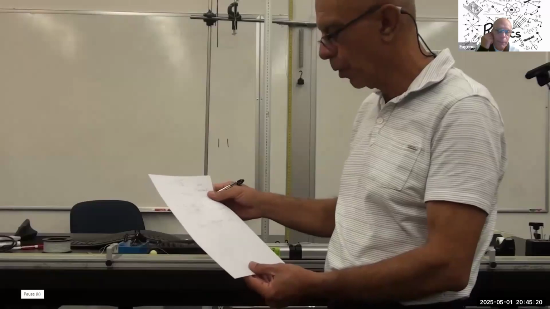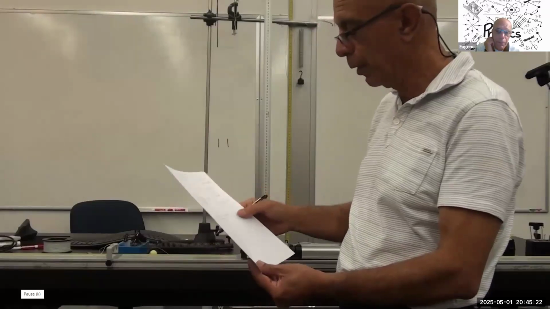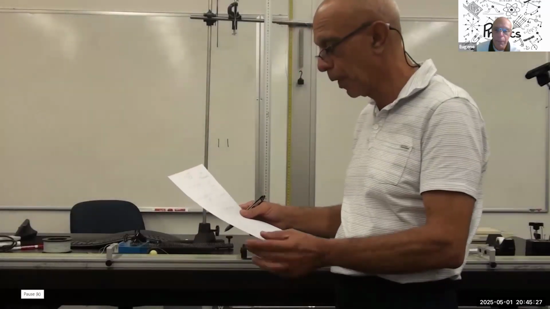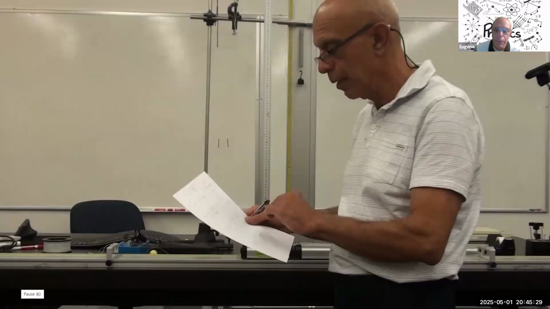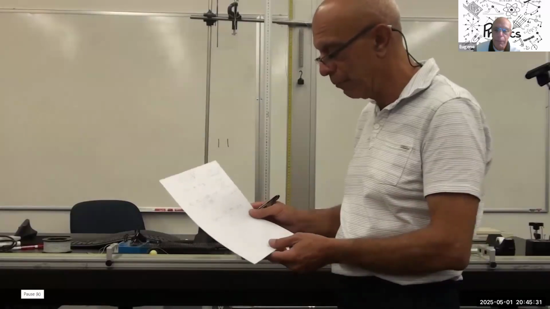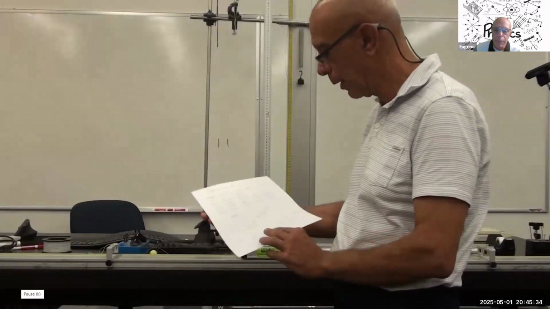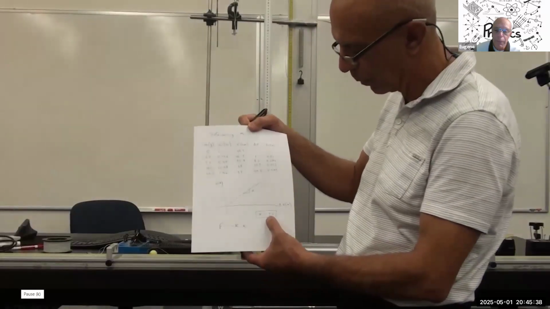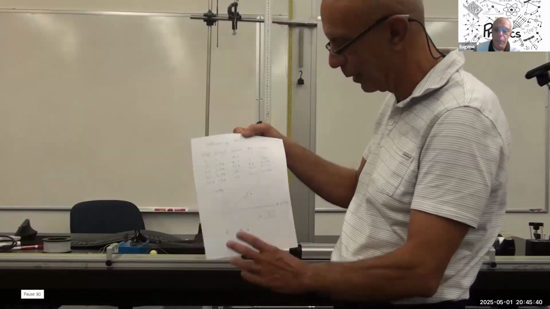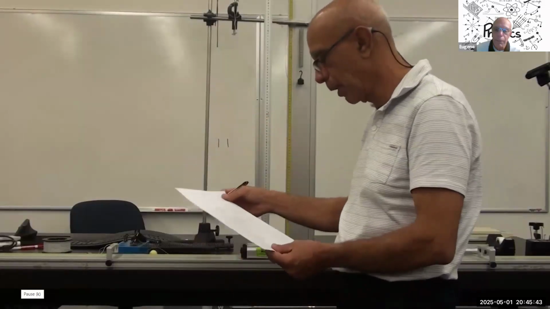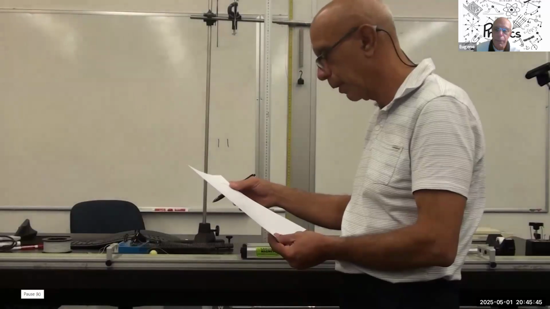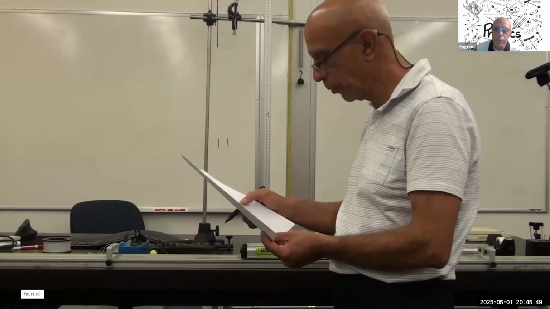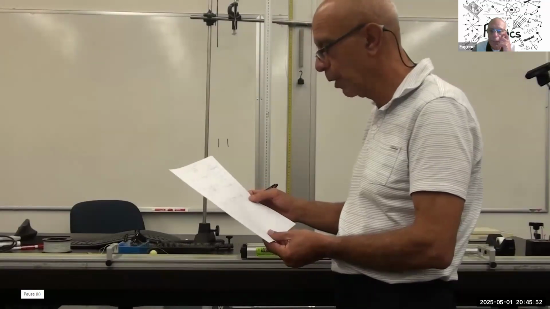And for the values I measured here, I was able to calculate k equal to 3.37. And from the graph here, I was able to calculate k as 3.6. That's a pretty good measurement. We're about 6% off.